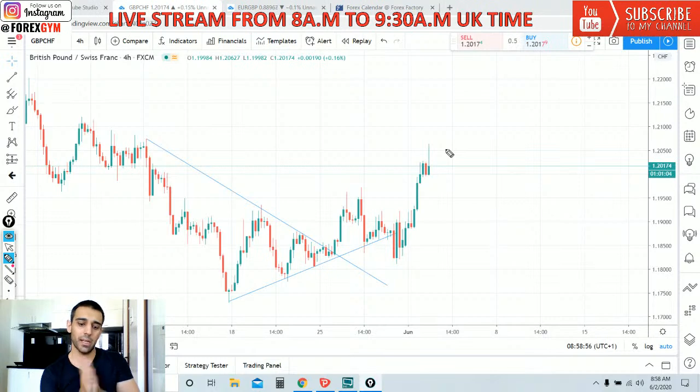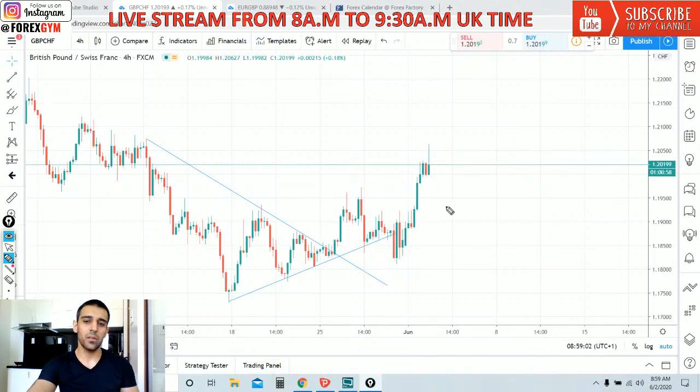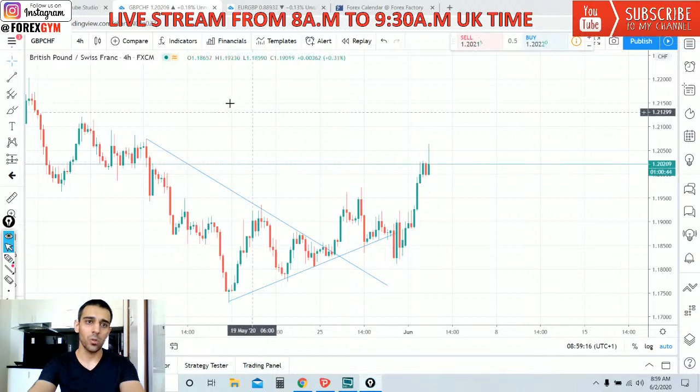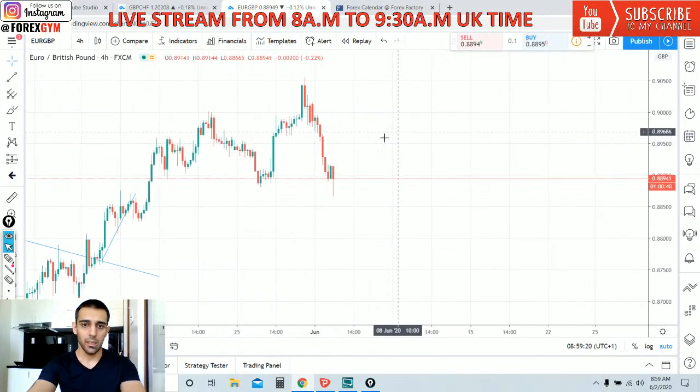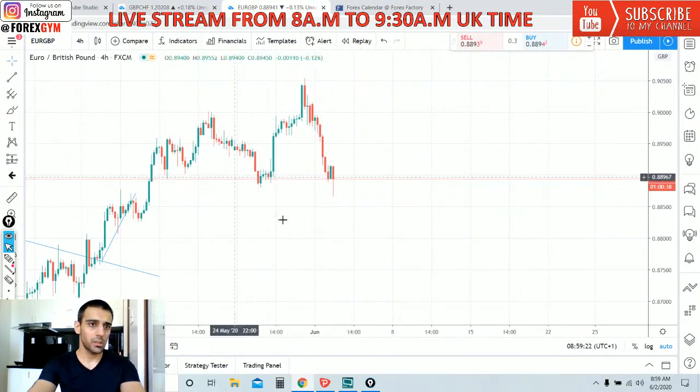And if the price starts turning around and changes direction, then it has to do quite a few things before it gets me interested. But for now, my view is British pound Swiss franc is towards upside, and Euro GBP will be a downside. So before I take the trade, I do want to see a close of the 4-hourly candles on either one of the sides. But so far, I would.